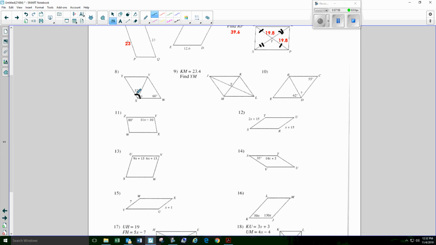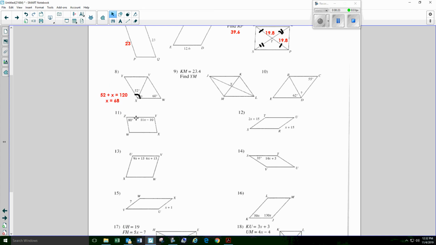So that means this whole thing has to be 120 because we have 60 there. So you have 52 plus x equals 120. Solve it. Subtract the 52 across, and you get 68. So x is 68, or the question mark is 68. There's your answer for that one.